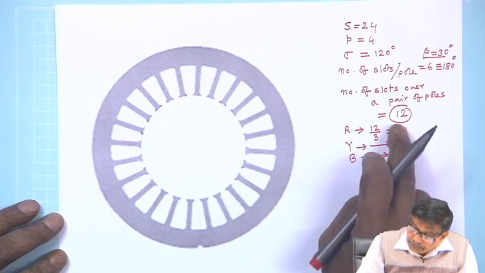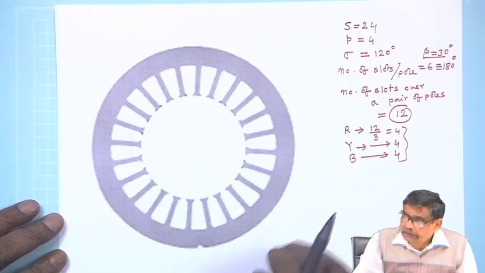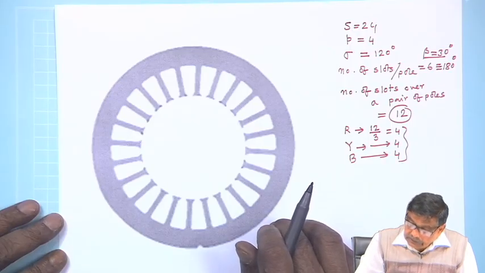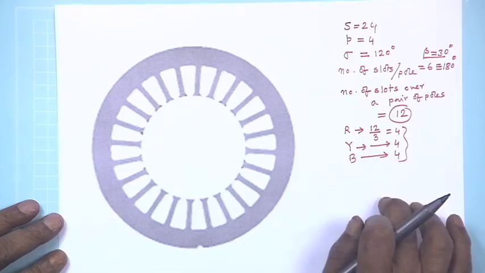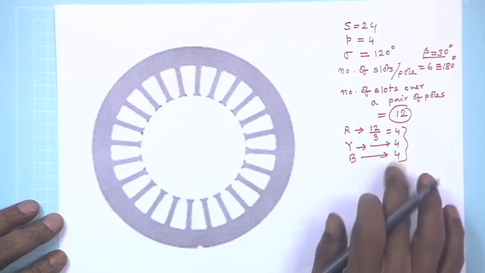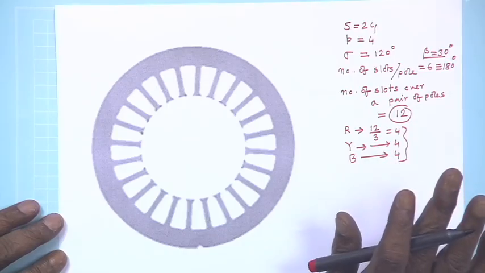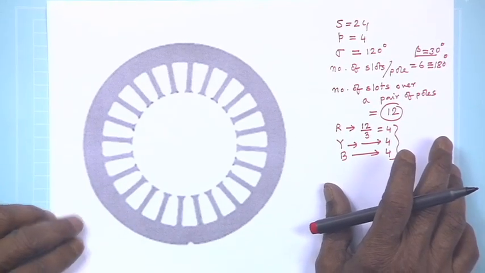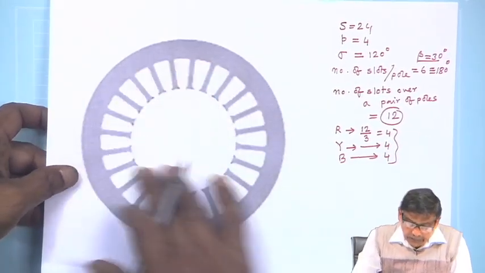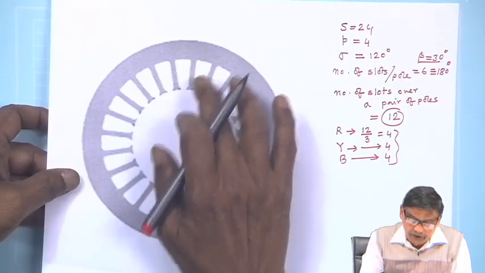And these 12 slots will make 2 poles, that is the idea. Now, how to do the winding? Forget about filling up the void spaces in the slots, that we can always do provided I have a correct winding table.